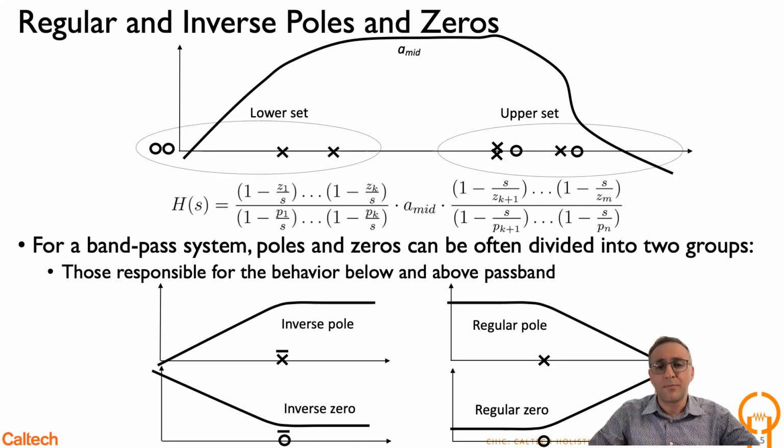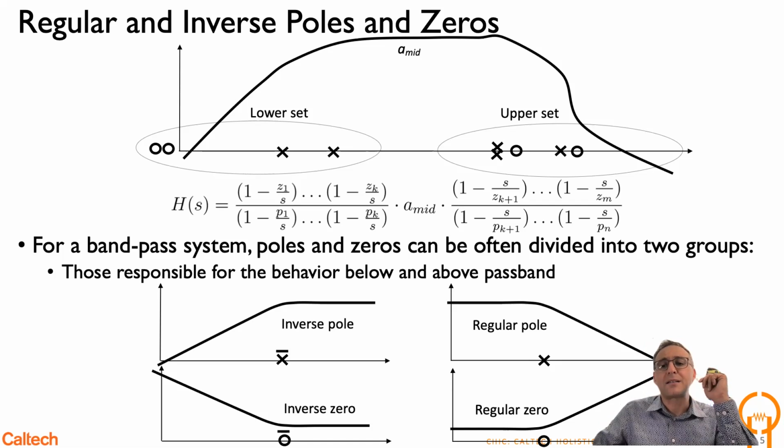The same terms can be factored and written in the following form, where on the left-hand side you have a set of what we call inverse poles and inverse zeros, the way we've written them, and on the right-hand side, we have poles and zeros. The terms on the right-hand side are responsible for the high frequency behavior and the gain reduction, and the terms on the left-hand side are responsible for the low frequency reduction of the gain.